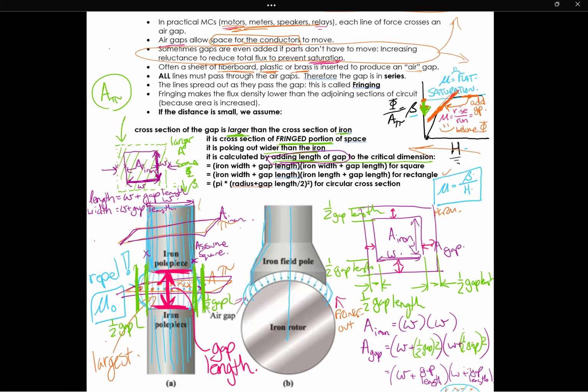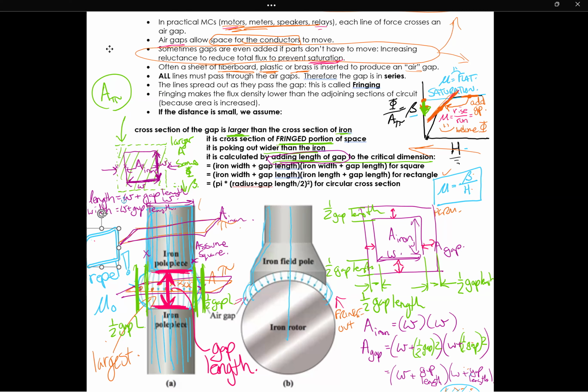Now, I don't recommend that you memorize a formula for that. I recommend you look at every different problem, and then you figure out what the critical dimension is, and then you add one gap length to that critical direction. It's like padding the area around that critical dimension by a gap length total, which means a half gap length all the way across.